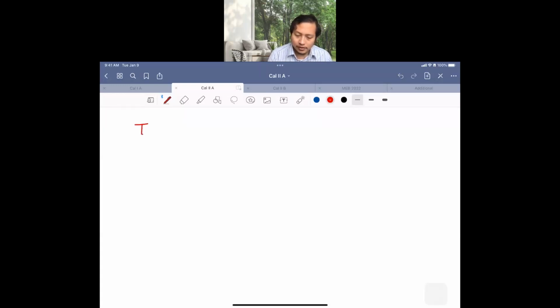First there is type 1. Type 1: D lies in graphs of two continuous functions of x.